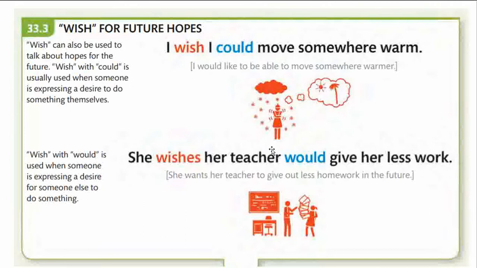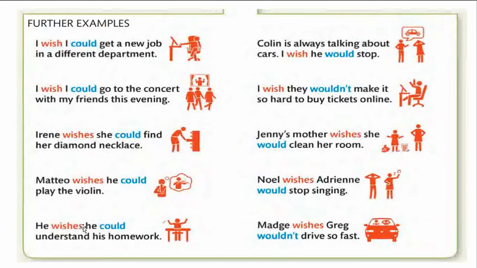So when you wish something for someone else, it is would. She wanted her teacher to give less work in the future. I hope this is understood. You use could when you wish to do something yourself, and you use would when you wish that others should do something. Let us see the examples pertaining to this structure, and we'll be able to classify it also, whether it is for ourselves or whether it's for someone else.